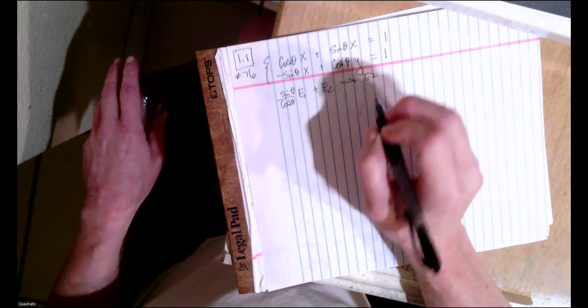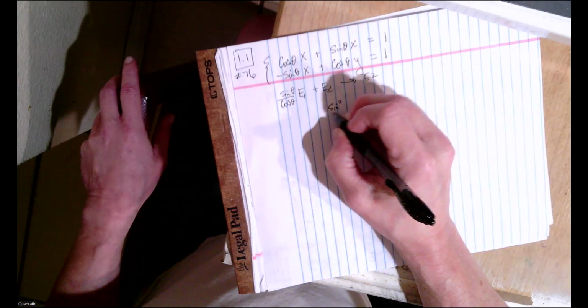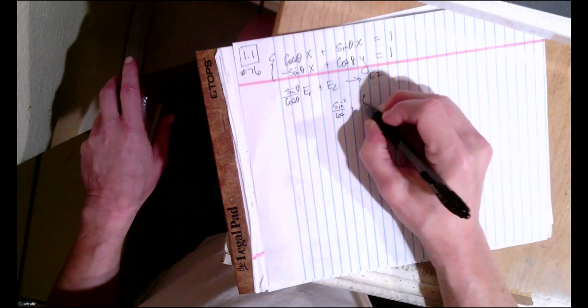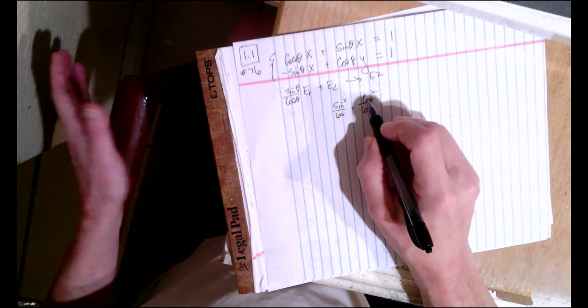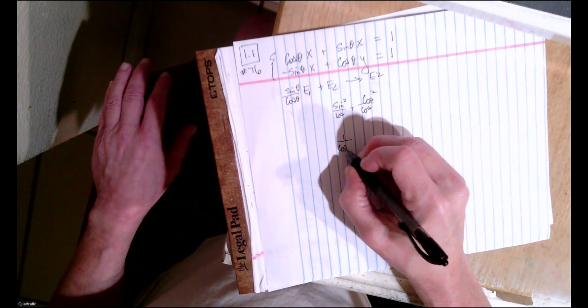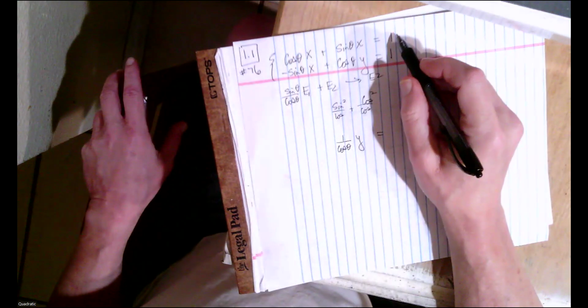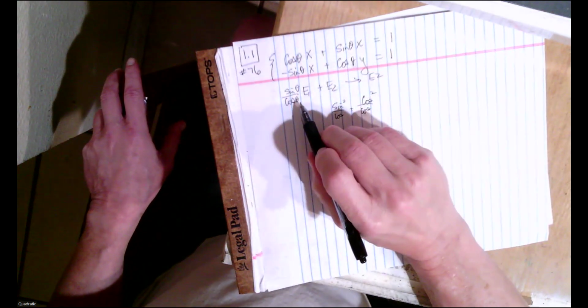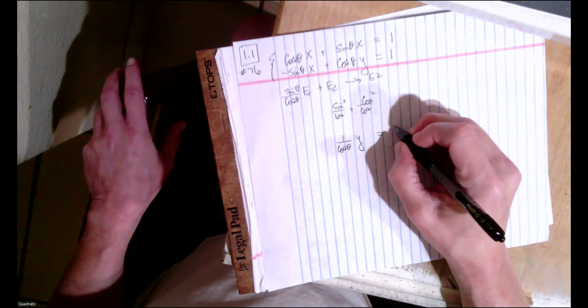Sine squared over cosine plus cosine, I'm going to make that over a common denominator, cosine. And then when I combine them, sine squared plus cosine squared equals 1, so I'm left with 1 over cosine theta times y. That's going to be my second equation. But I added sine over cosine to the one that was already there, so I have 1 plus sine theta over cosine theta.